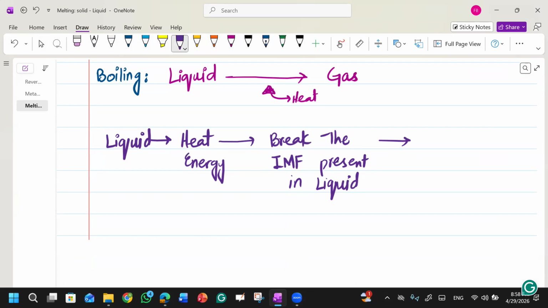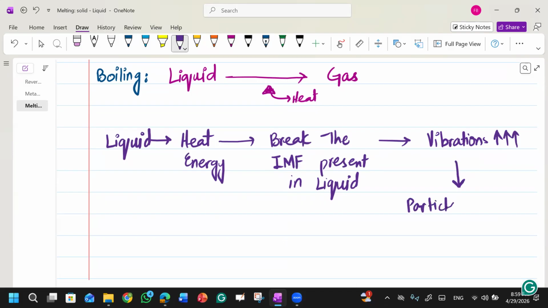break the intermolecular forces present in the liquid, right? When the intermolecular forces break, what will happen? The vibrations will increase. Now the particles will move fast, and their motion will increase. Then what will happen?